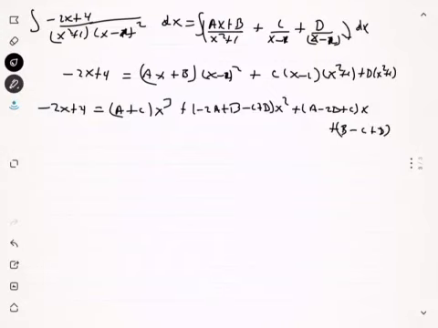And when you match coefficients on the left hand side and the right hand side, you're going to get a system of equations.